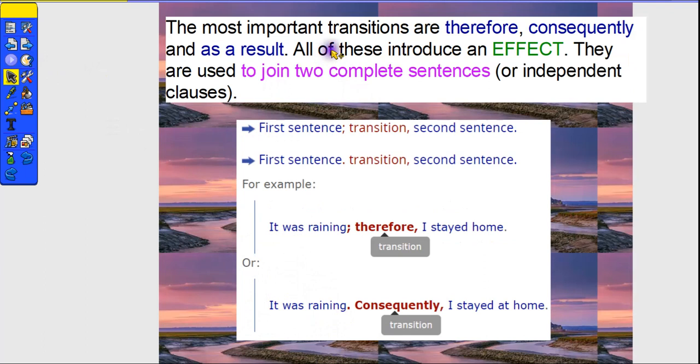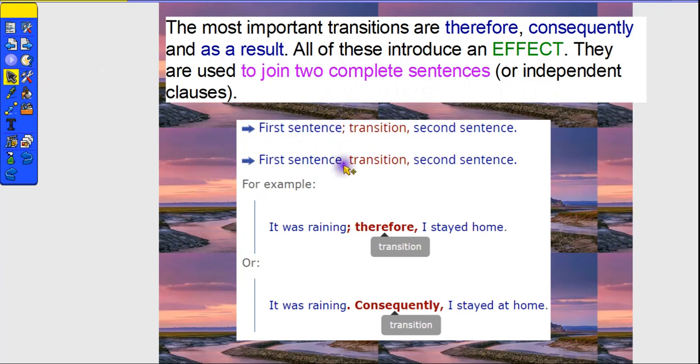The most important transitions are therefore, consequently, and as a result. All of these introduce an effect. They are used to join two complete sentences or independent clauses. For example, we have the first sentence, transition, and the second sentence.